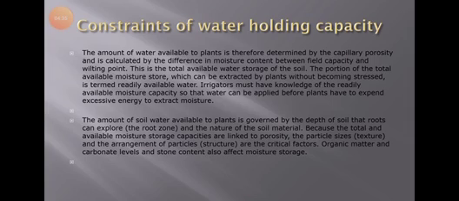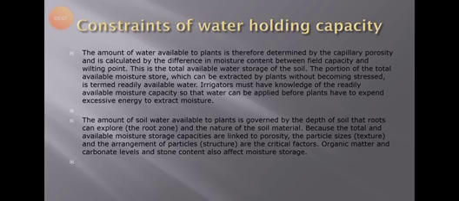So now comes constraints of water holding capacity. The amount of water available to plants is determined by the capillary porosity and is calculated by the difference in moisture content between field capacity and wilting point. This is the total available water storage of the soil. The portion of the total available moisture stored which can be extracted by plants without becoming stressed is termed readily available water.